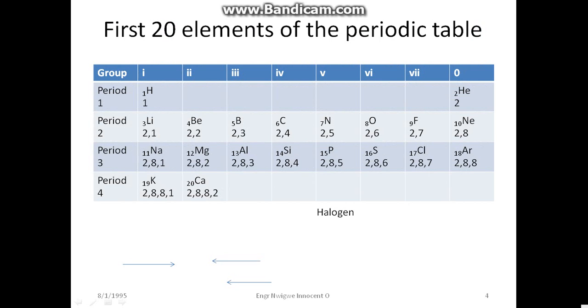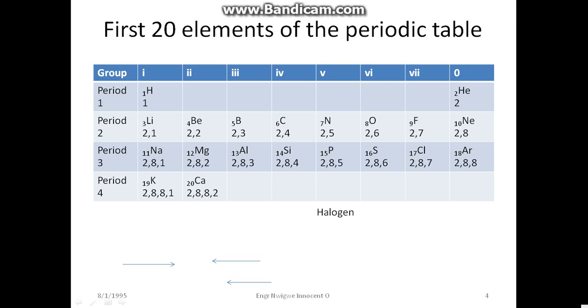Group 3, period 2, we have boron. Group 4, period 2, we have carbon. Group 5, period 2, we have nitrogen. Group 6, period 2, we have oxygen. Group 7, period 2, we have fluorine. Group 0, period 2, we have neon.